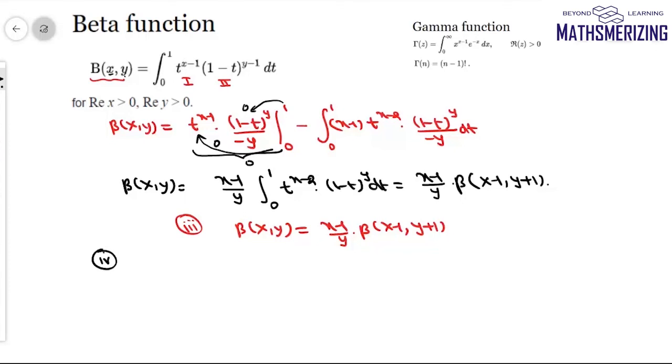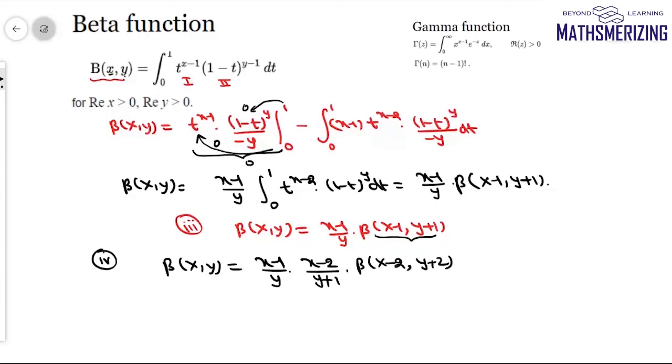So I can write beta xy as x minus 1 upon y. In the same way, we can write beta x minus 1, y plus 1 as x minus 2 upon y plus 1, and then it'll be beta x minus 2, y plus 2. So we can continue like that.